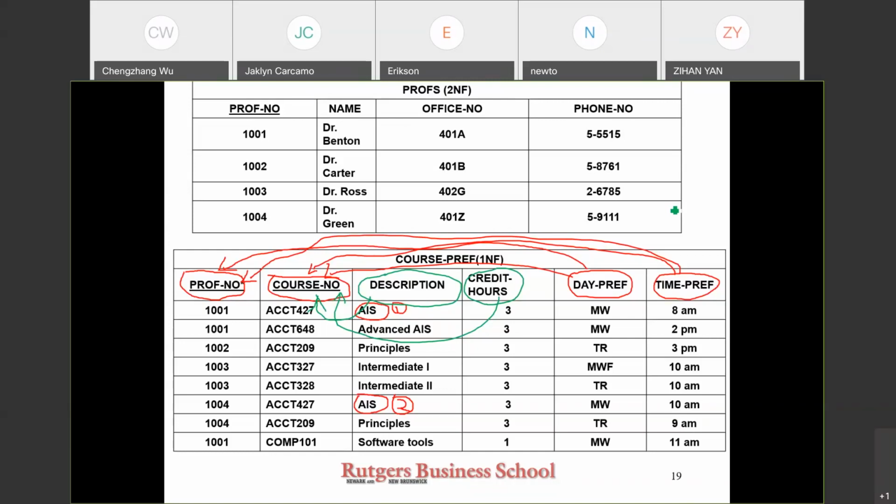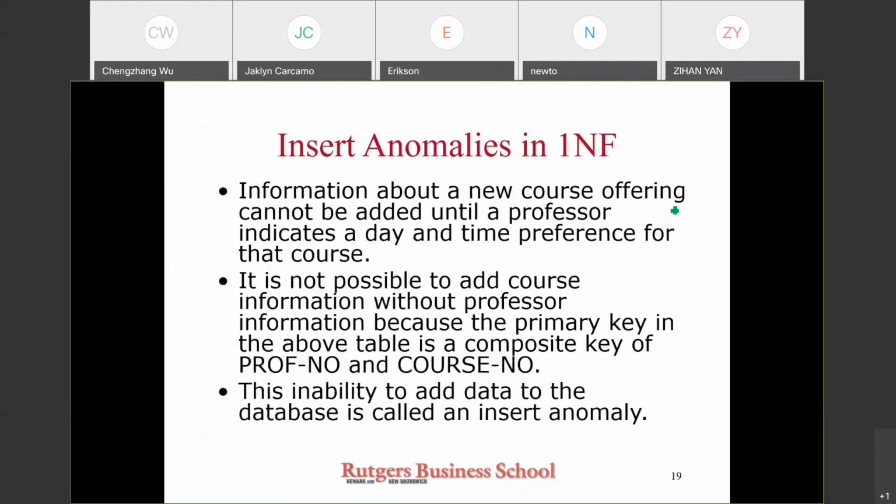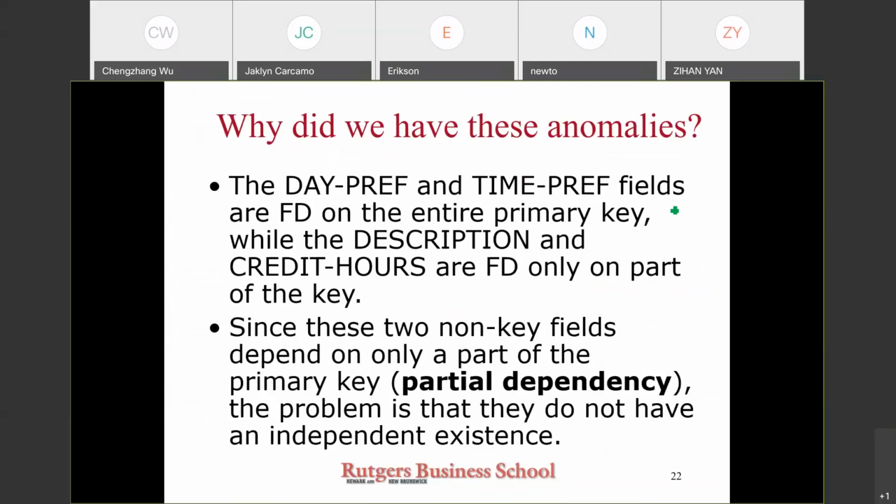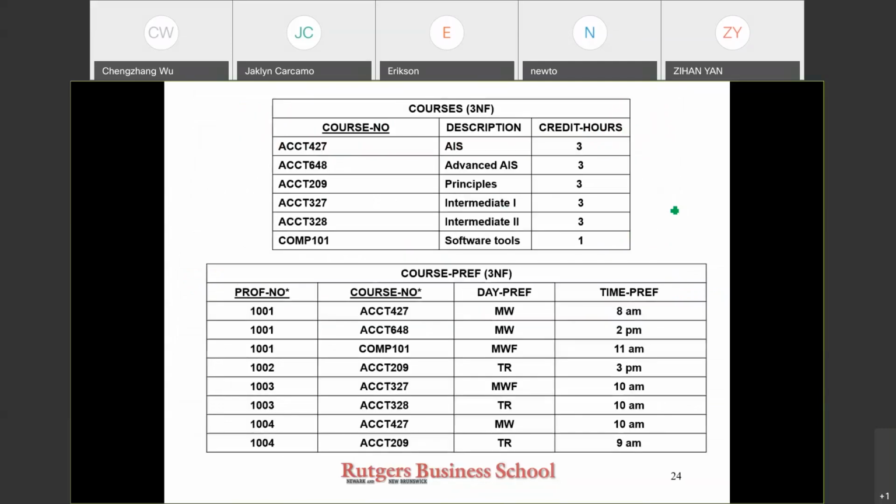To redesign it, or simply speaking, to decompose this table into two tables. Well, two tables, courses table and course preference table.